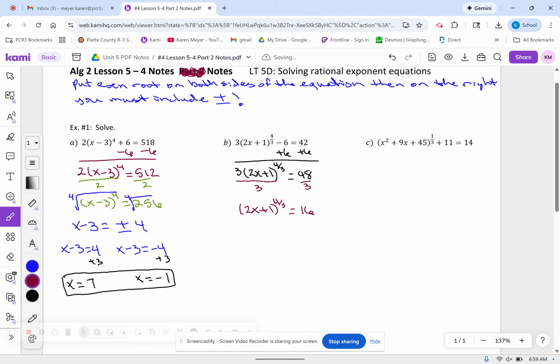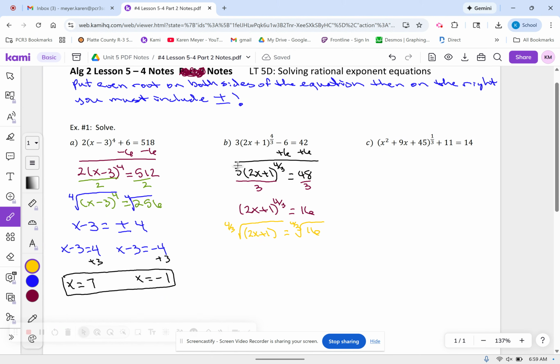It's just this time the root is going to have a fraction index number, so no big deal. So you can go 4/3 for your index number, and then you have 2x plus 1 equals, and then the 4/3 root of 16.